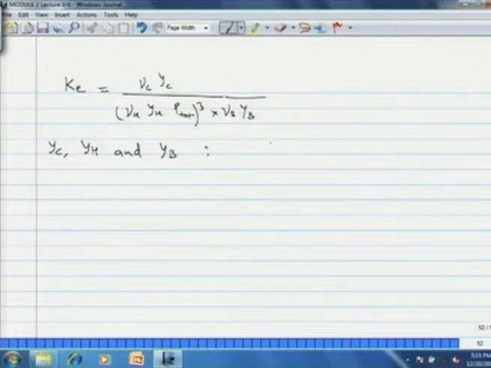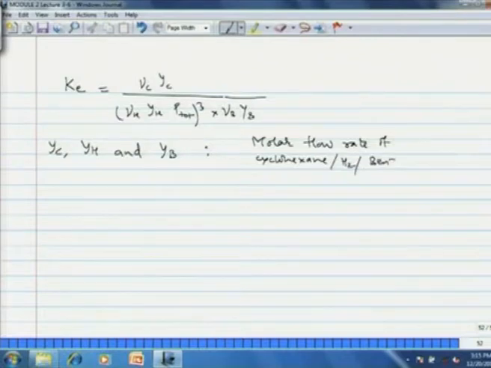Now, you can very easily calculate YC, YH and YB by dividing the molar flow rate of either cyclohexane or hydrogen or benzene by the total flow rate.